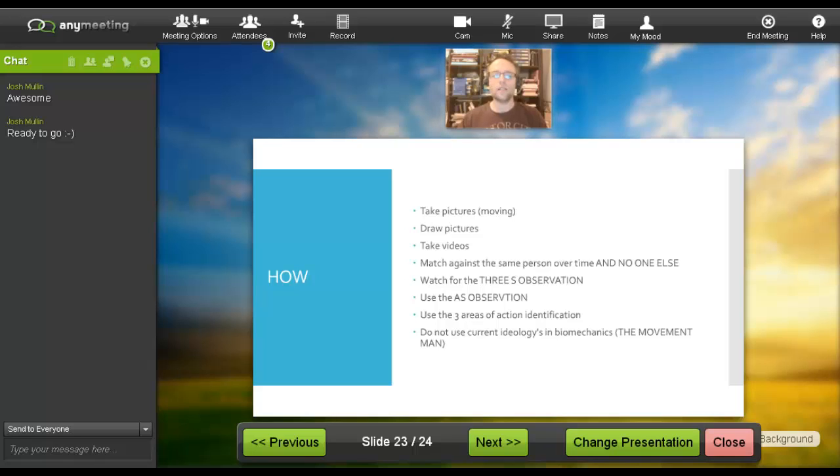And they can do it in different task environments and constraints. Over time it will get better and better, and they're mapping against each other. Only them and themselves, not against a partner, not against a gold standard. And then they become a biomechanically efficient individual. Then you become a biomechanical notation expert.